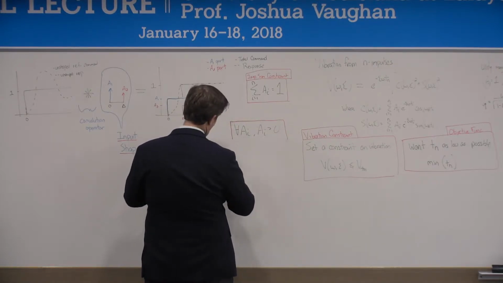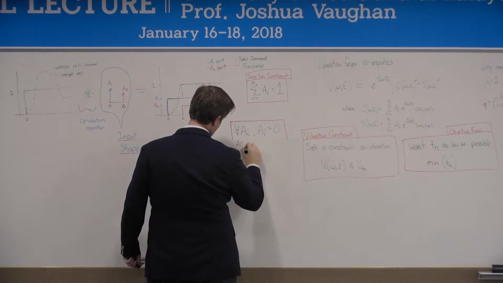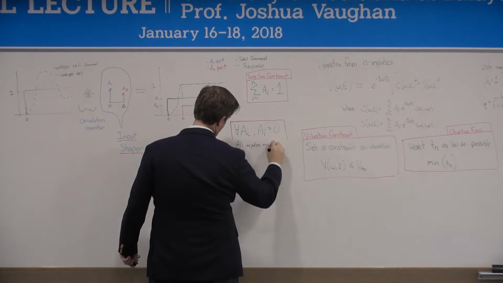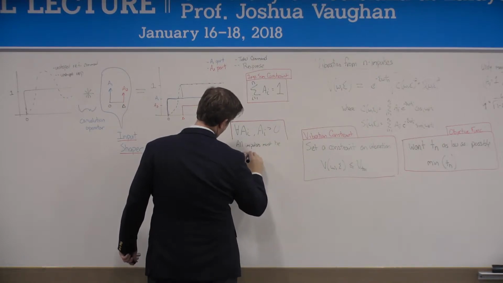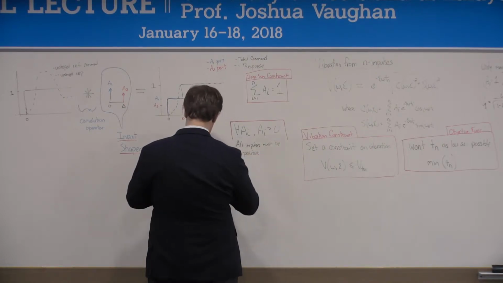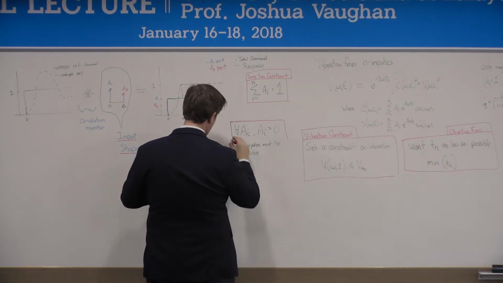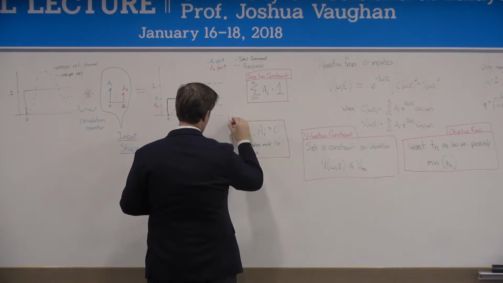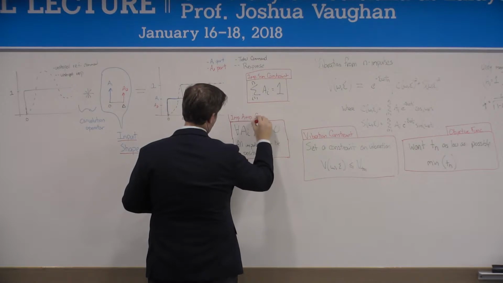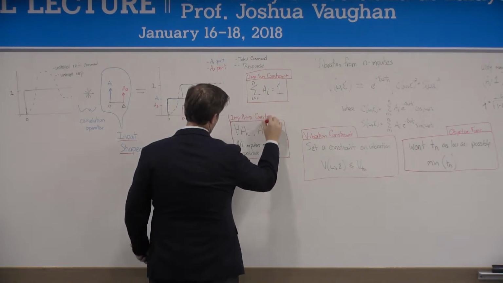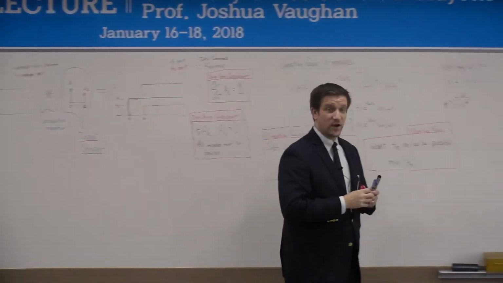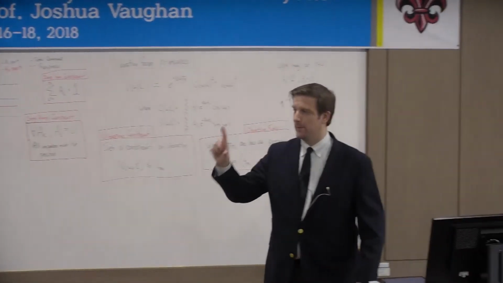Or to say it another way, just to write it out: I have some constraint on the amplitude of my impulses.